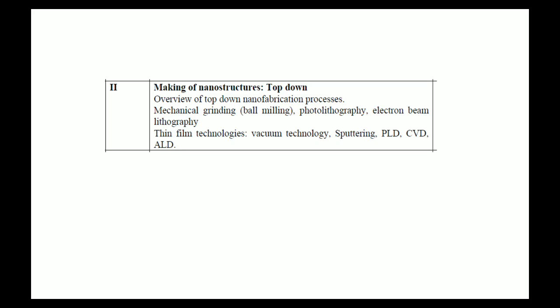And after this we are also going to see some thin film technologies. Thin film is basically 2D, it comes under two-dimensional materials. So one of the dimensions is at the nanoscale, and it is called a thin film.